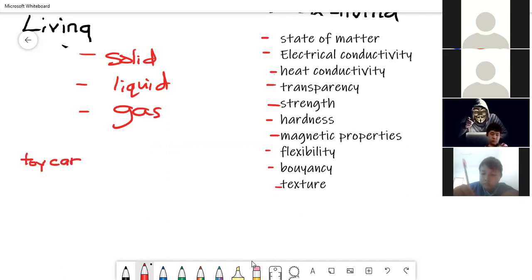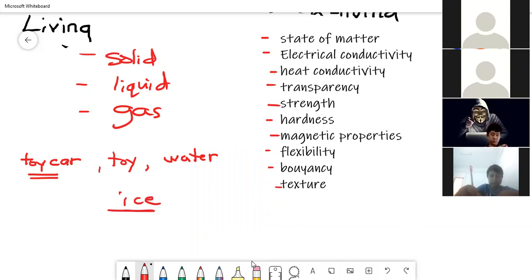Next one is a clay? A toy? Next is water or soda. And then ice. Okay. Now, can you group the following items into different groups based on the state?